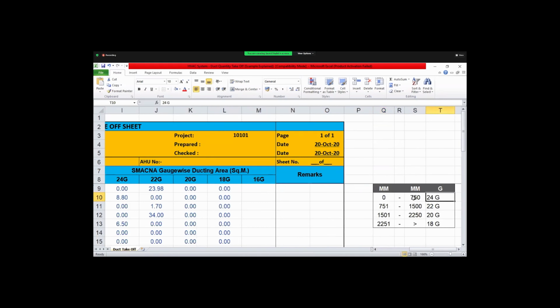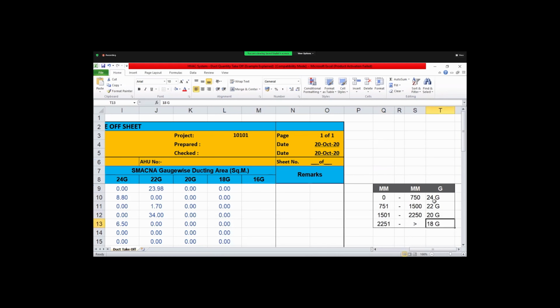If it's between 750 mm and 1500 mm, we have to provide 22 gauge sheet. If the size is from 1500 mm to 2250 mm, we go with 20 gauge sheet. And if the size is above 2250 mm and increasing, we have to provide 18 gauge sheet.